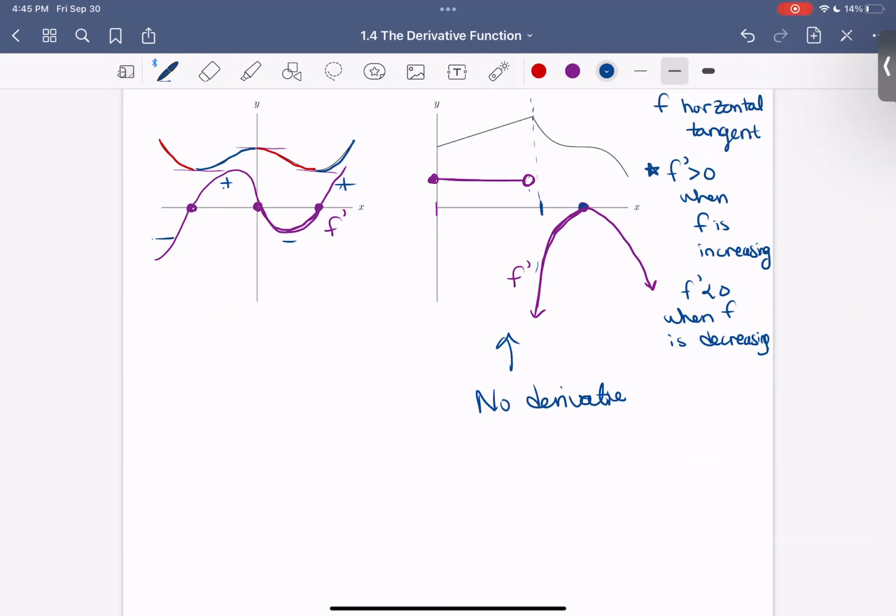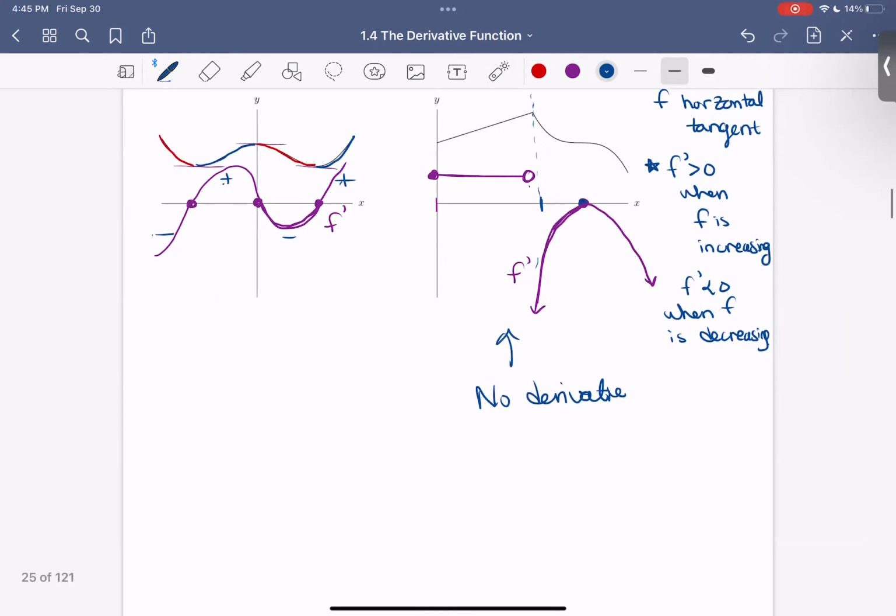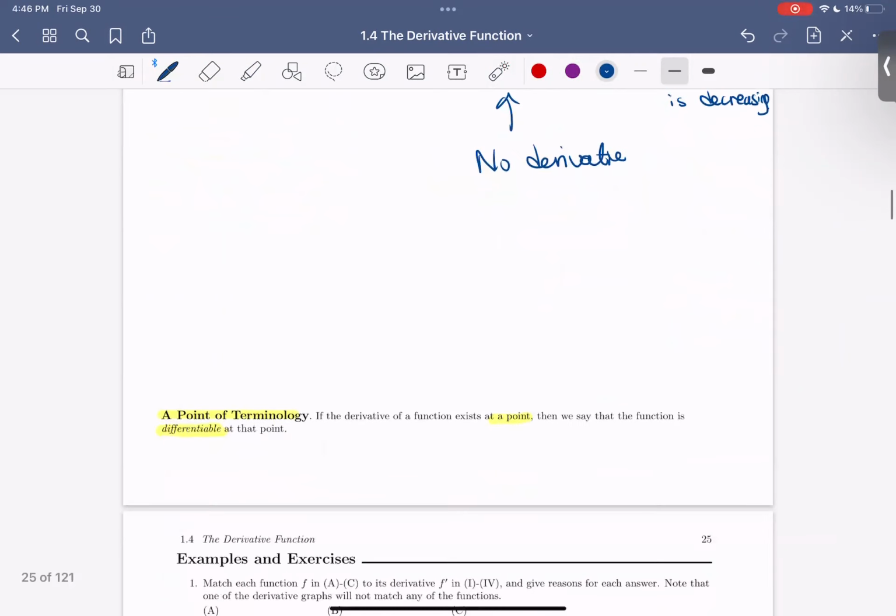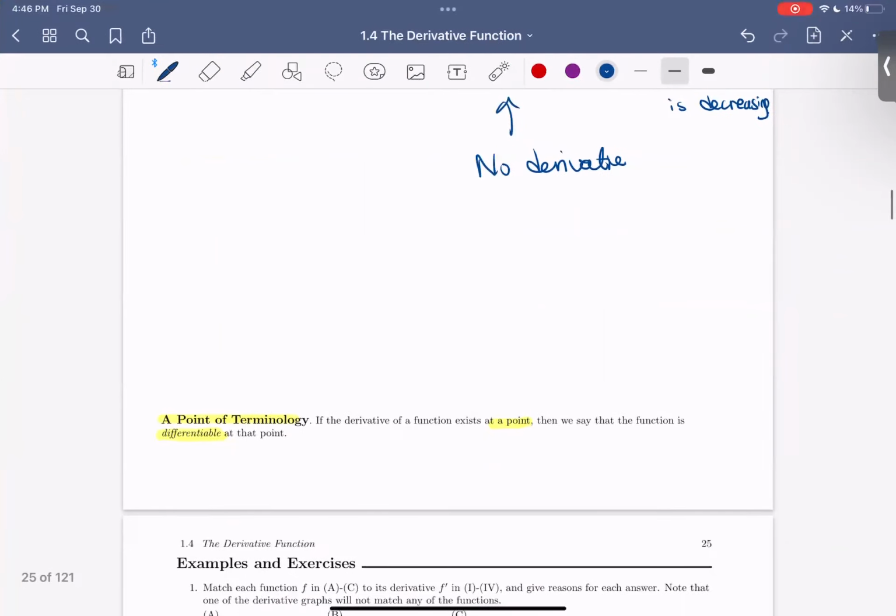We don't know what this is. There's no tangent line at this corner. Then we'd say this function is not differentiable at that point. So I'll write that down here.